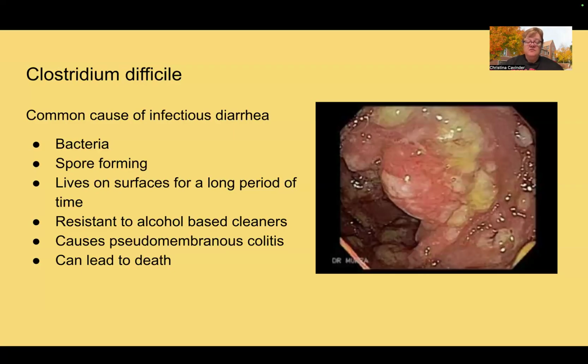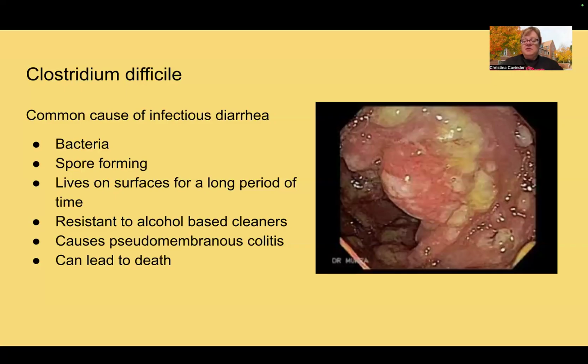And so we want to give it antibiotics. The antibiotic of choice usually is Flagyl that we give, and you usually have to take it for a prolonged period of time. Usually the problem when you get C. diff is that you've taken an antibiotic, you've killed off the good bacteria, and now C. diff has taken over. Once you have C. diff, it is very hard to get rid of.